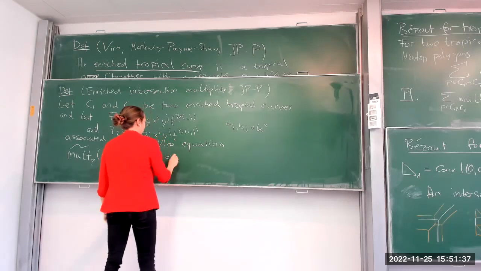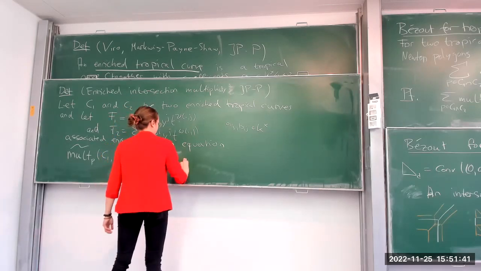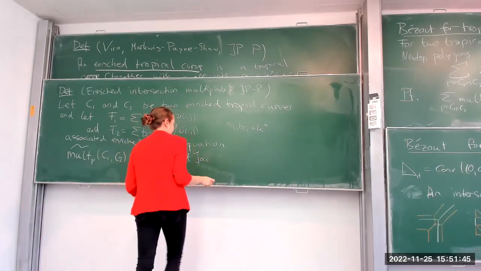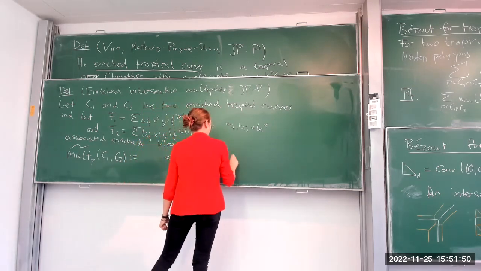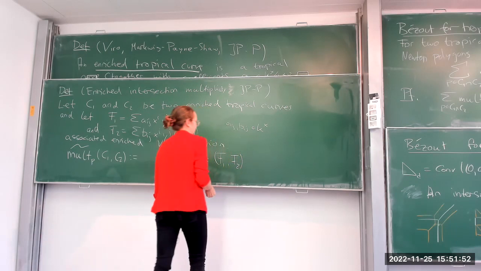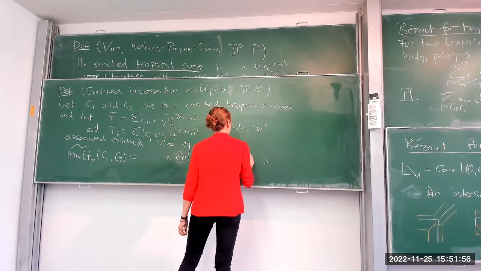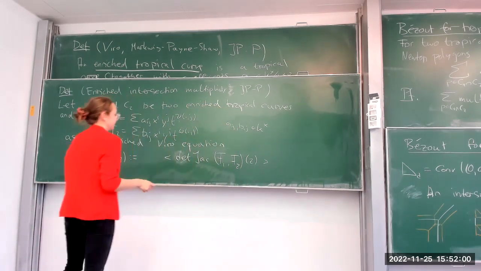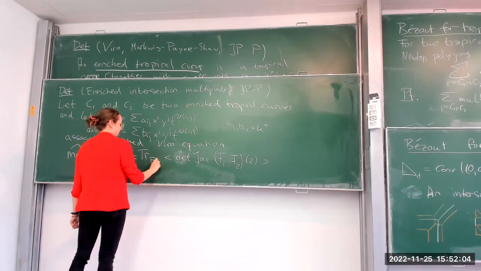I have to take the determinant of the Jacobian of these two equations, evaluate them at P, and I have to take some trace.